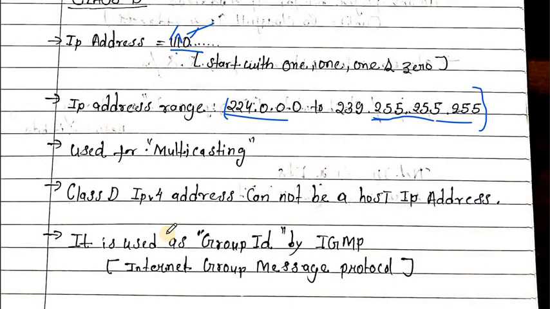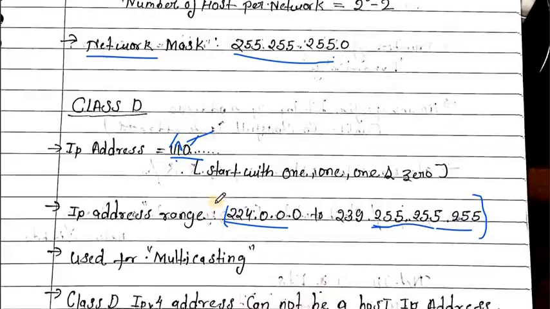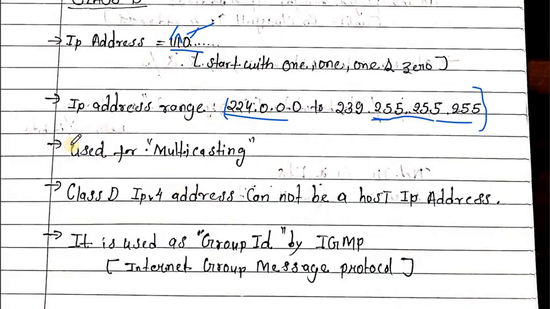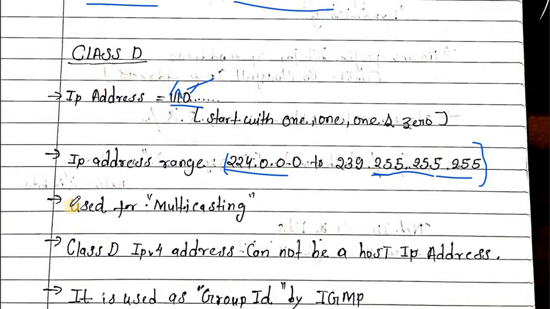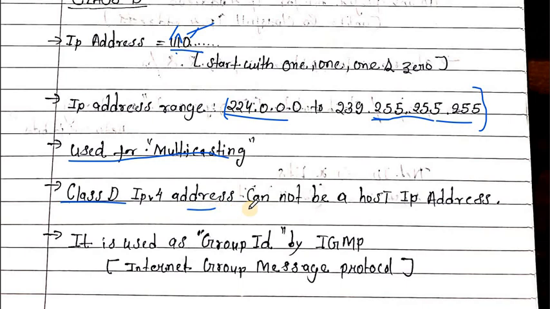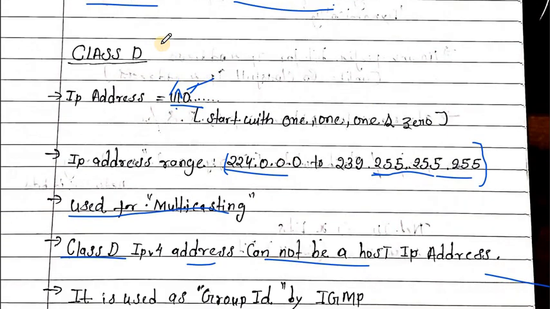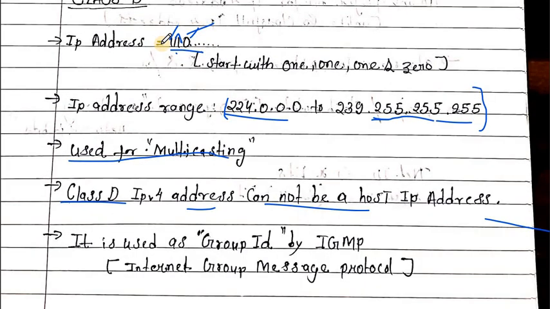used for multicasting. Class D IP addresses are used for multicasting only. Multicasting means that a class D IP address cannot be a host IP address, because all 32 bits are network ID. There is no host ID field.